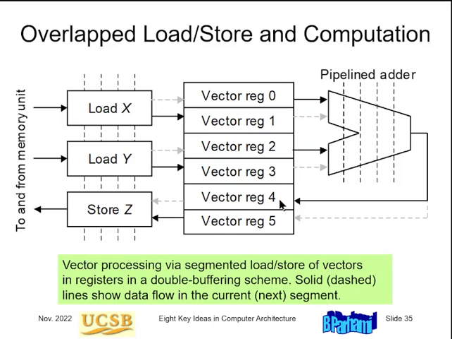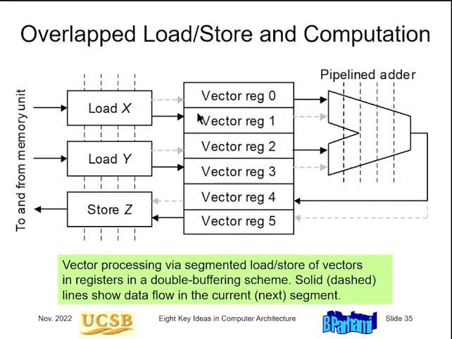This diagram is basically the same thing, maybe a little more clear. We have 6 vector registers. Let's say we are operating on vector register 0 and vector register 2 and storing the result in vector register 4.